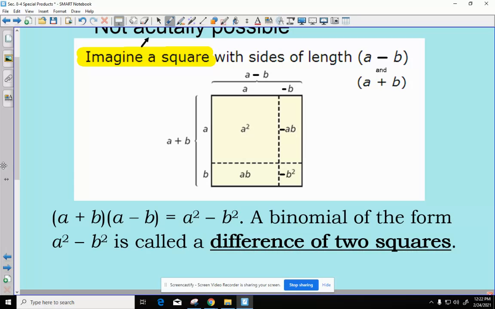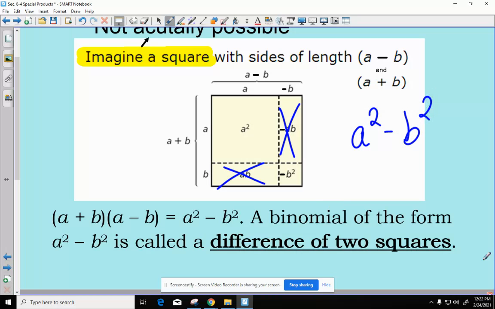We still have the a squared at the front, but now these rectangles that we're matching, if one of them is a positive version and one of them is a negative version, they're actually going to cancel each other out. And on the end, you have a positive b and a negative b. You get this minus b squared. So what we end up with is something that looks like this: a squared minus b squared.